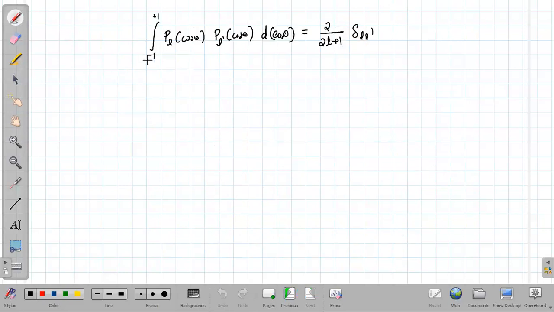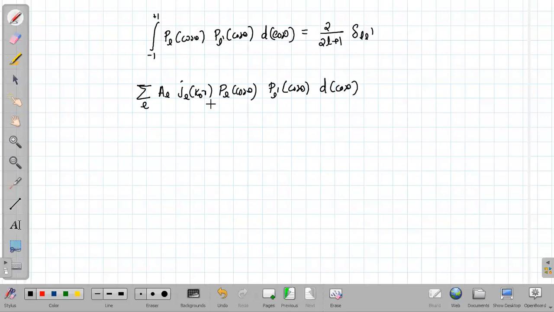Equation number 4 is sum over L AL JL of K0R PL of cos theta, multiplied by PL prime of cos theta and integrated over d cos theta from -1 to +1.